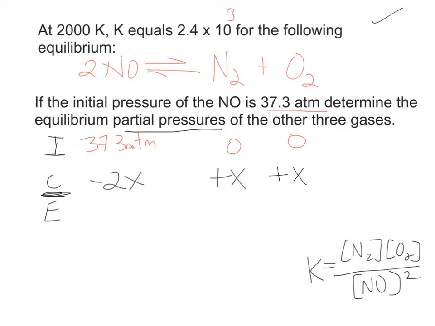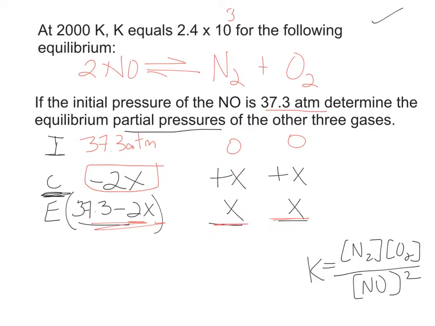So now I can put in expressions, or calculate equations, for my equilibrium concentrations, or partial pressures, which is what I'm asked to find. This will be 37.3 minus 2x. So on the next page, I'm going to substitute these values into here, and this is 2.4 times 10 to the third.